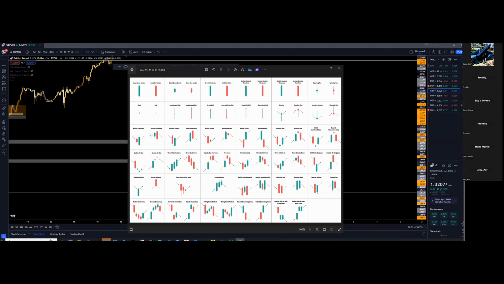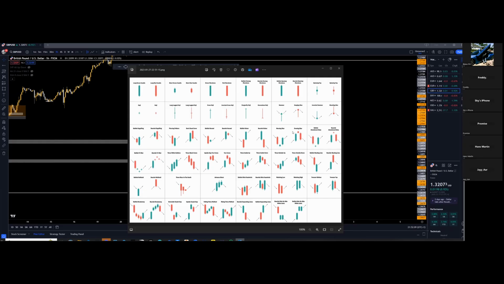Yeah, an inside bar pattern. This is bearish engulfing, bullish engulfing, whatever. Let me look for an inside bar pattern. I only got to see the example, but I don't know if this has it. I'm trying to look for inside bar.